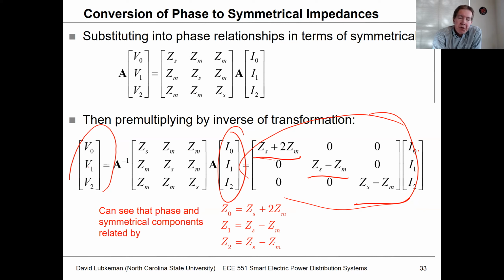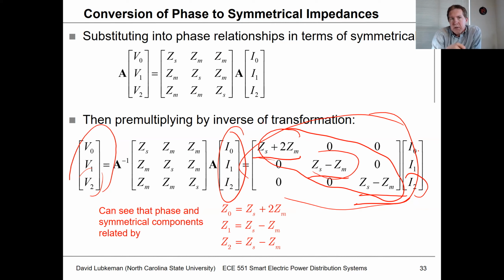The relationship between V1 and I1, the positive sequence values, is given by ZS minus ZM. And the relationship between the negative sequence voltage and I2 is given by ZS minus ZM as well. These terms on the diagonal are the symmetrical component impedances.